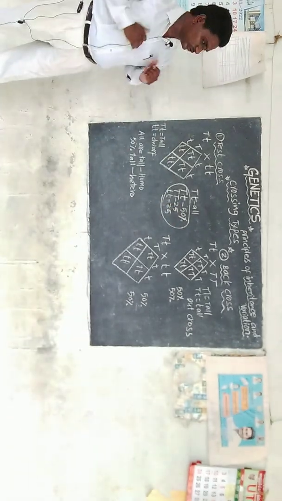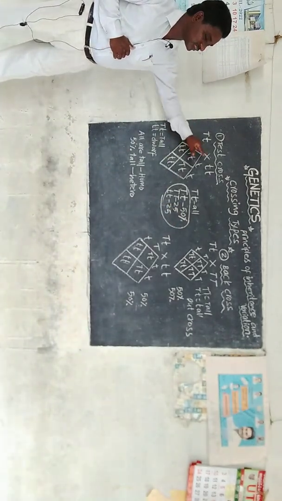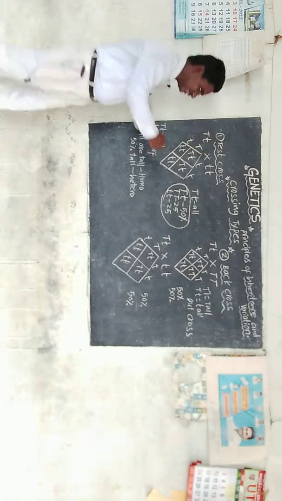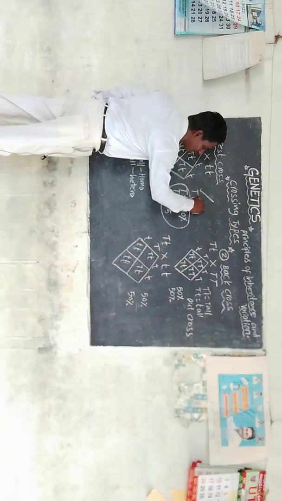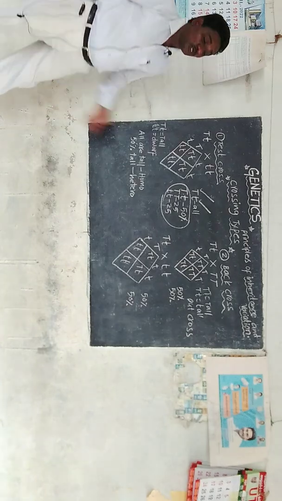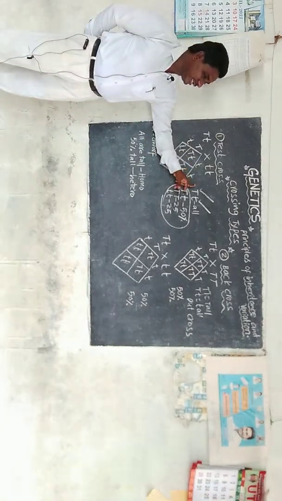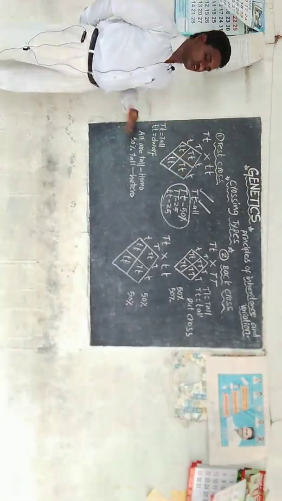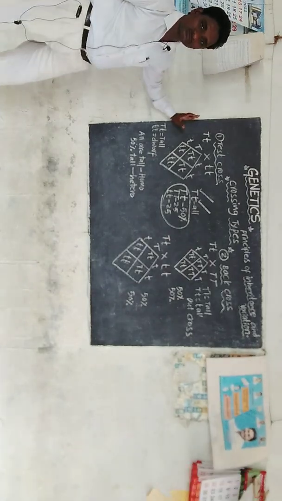But we don't know who is responsible for the tallness of the plant, whether capital T or small t. To find out who is bringing the tallness, we do the test cross.